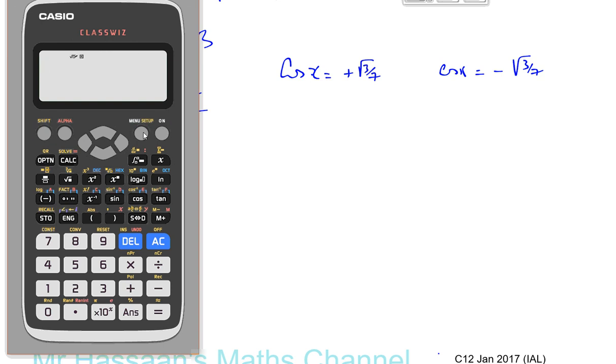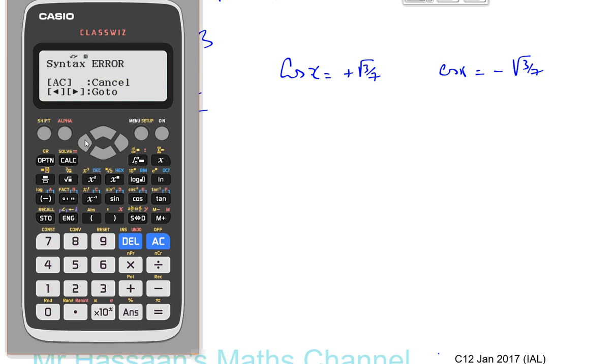Shift and menu, then setup, input output, angle unit, and radian, which is 2. Okay, so now we're in radian mode. So I'm going to put shift cosine of the square root of 3 over 7, and close the bracket.